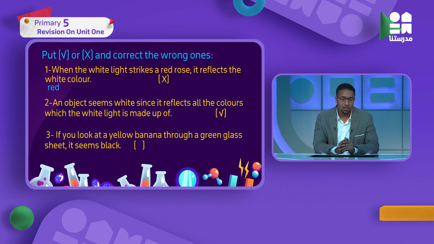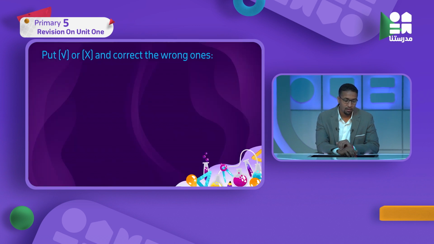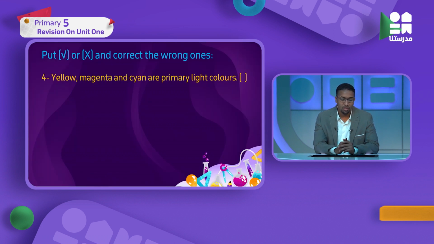Number 3, if you look at a yellow banana through a green glass sheet, it seems black. Is that right? Does the green glass sheet allow yellow to pass through or not? It will never allow yellow to pass through, so the banana will seem black, meaning no color. Again, number 4, yellow, magenta, and cyan are primary colors.